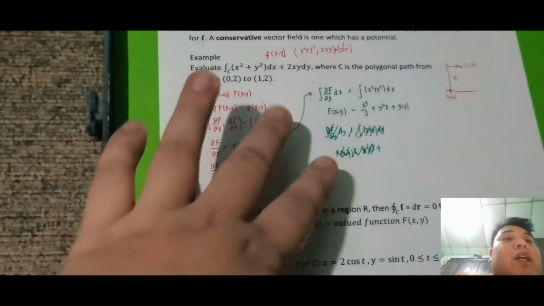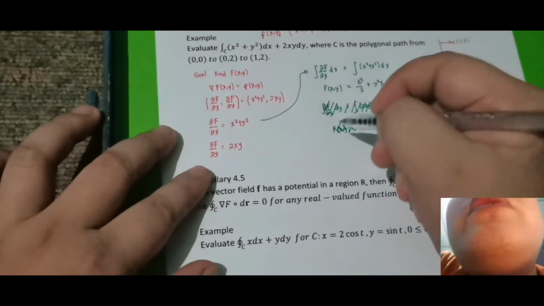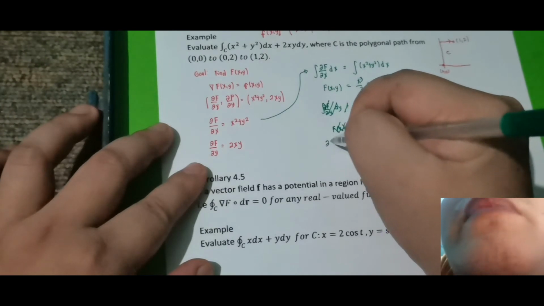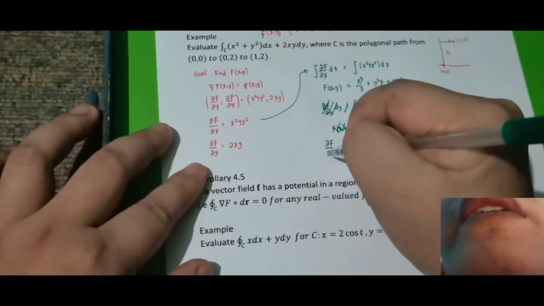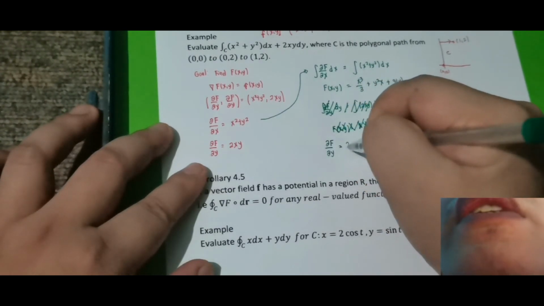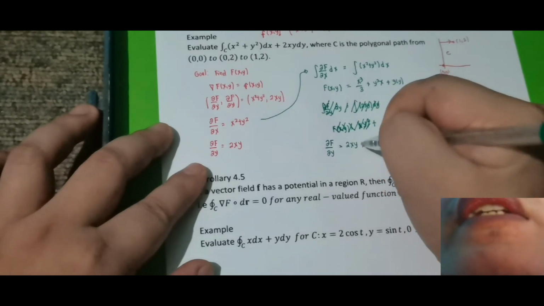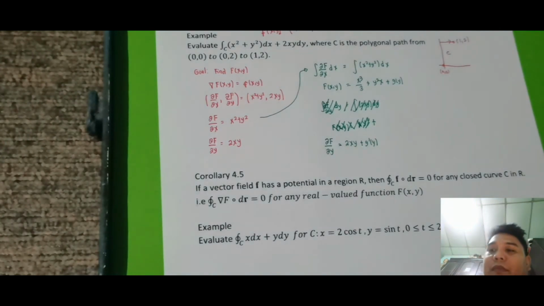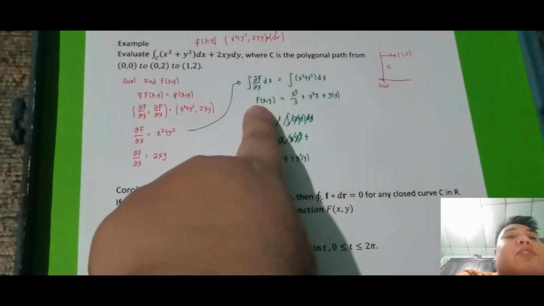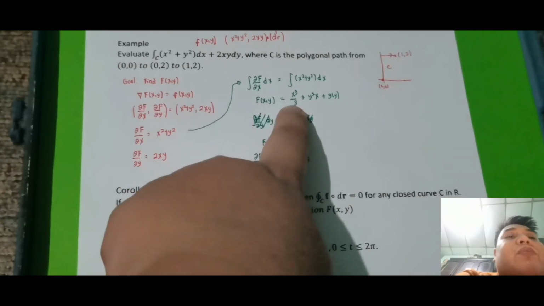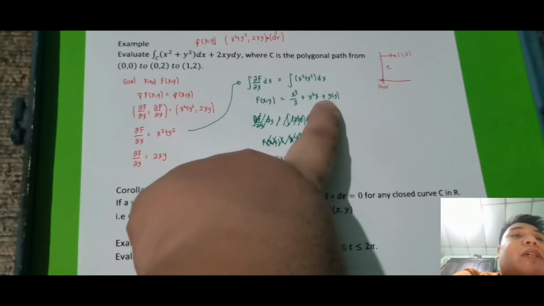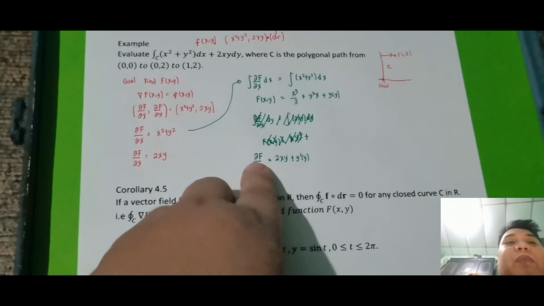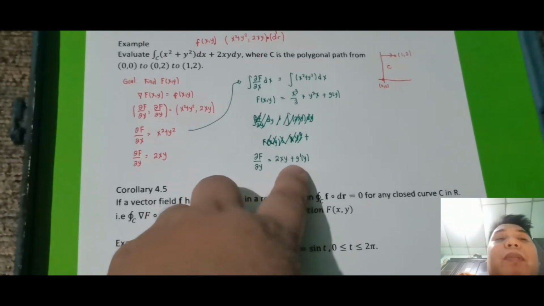Okay? So now, consider natin tong part na to. Sabi na yung partial derivative of f with respect sa y is equal lang sa 2xy plus g prime of y. Again, kung ito yung f of x comma y is equal to x cubed over 3 plus y squared x plus g of y, ang partial of f with respect sa y naman is equal to 2xy plus g prime of y.